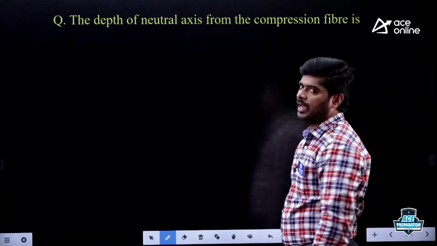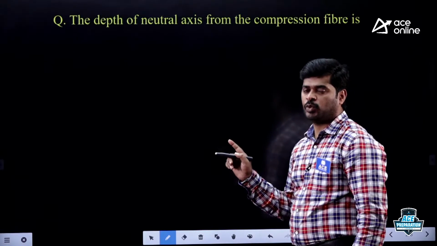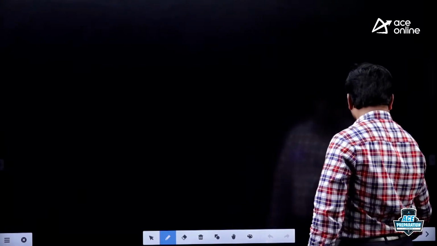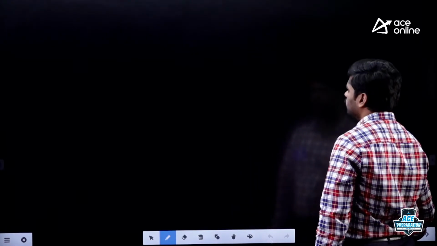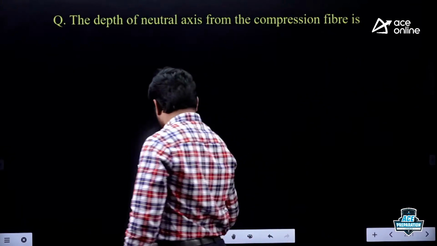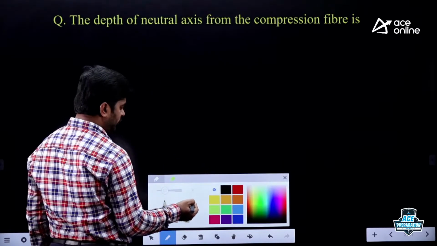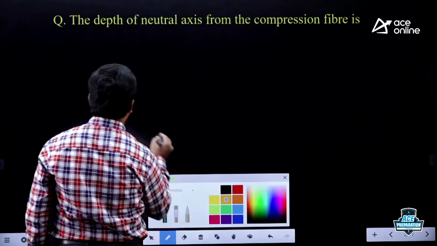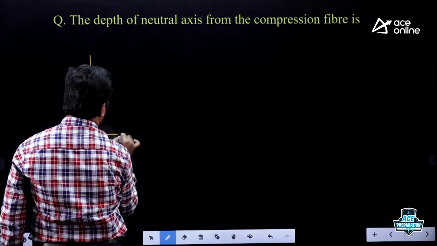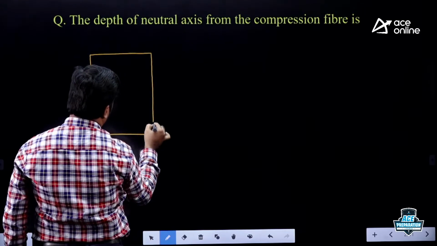Once again, I would like to take the stress block as well as the corresponding strain diagram. First of all, we want compressive force and tensile force. For that, let me take a beam cross section, like this.